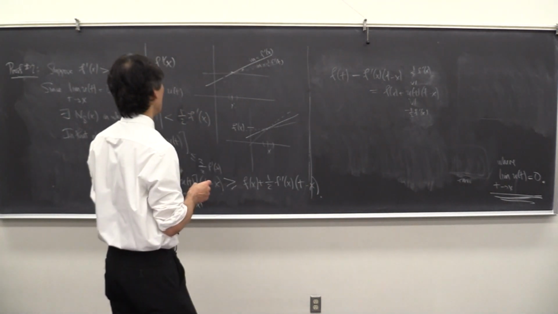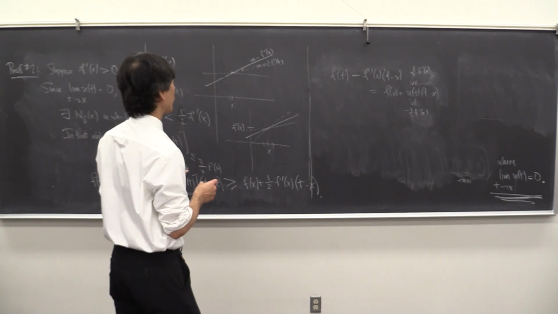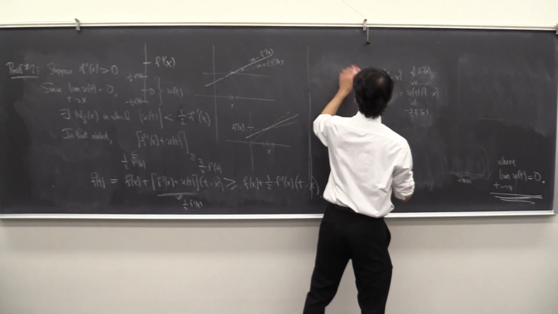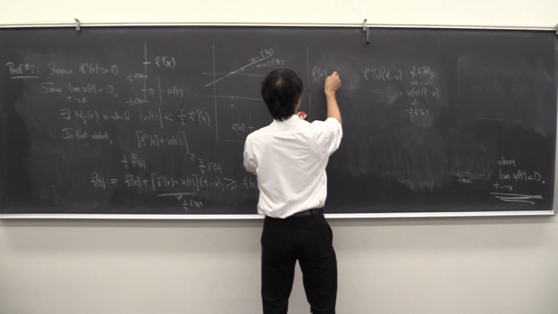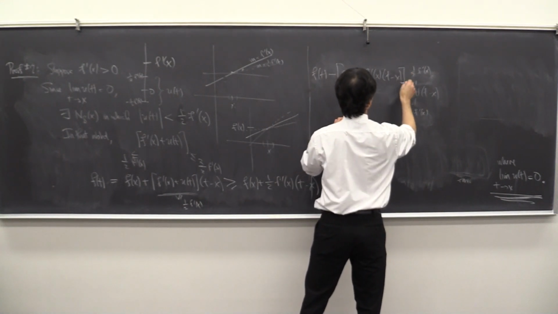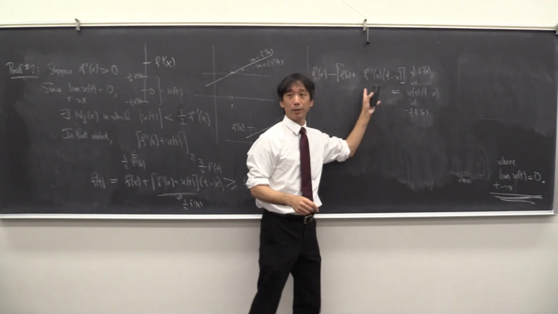So actually, let me read it like this. f of t minus f of x plus this thing equals this thing on the right.